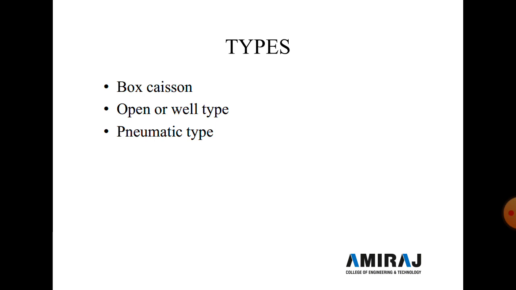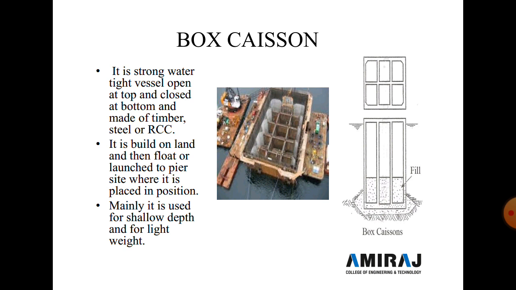Clear? So here are the three types of the caisson, and one by one we discuss. In the box caisson, as already discussed, it is open at the top and closed at the bottom, and it is the strongest watertight vessel, made of timber, steel, or RCC material.